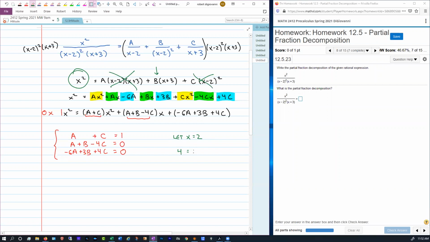So that's just going to be B times 2 plus 3, because I replace X with 2. And so that's going to be 4 equals 5B. So B is 4/5. Okay, now if I know what B is, if B is 4/5, I can plug it in right here. I could also plug it in right here. Let's see, can we get another number? Let's see if we can't get another one.